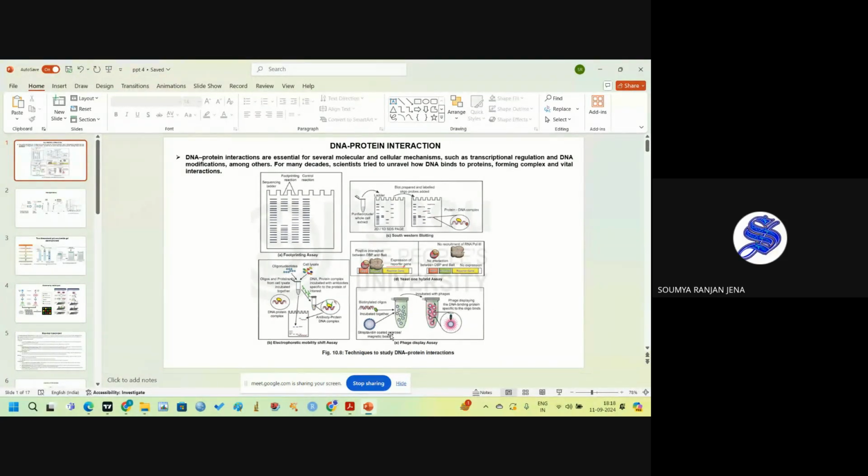In phage display of DNA binding proteins, it is done by genetic fusion of amino acids. The genetic fusion of the amino acid sequence is produced from the cloned gene that codes for proteins encoded by the phage.